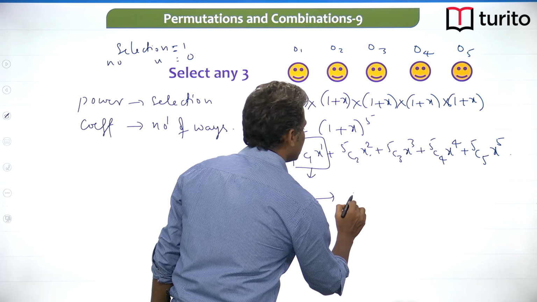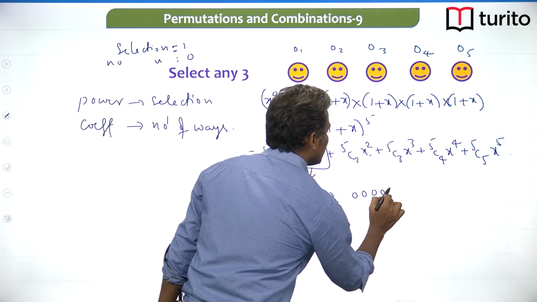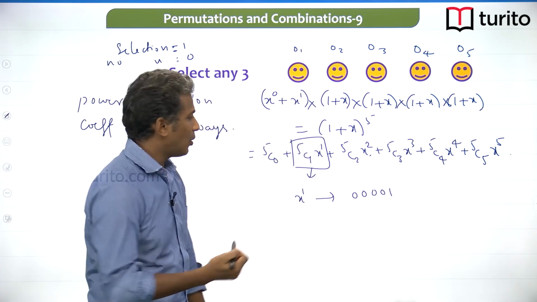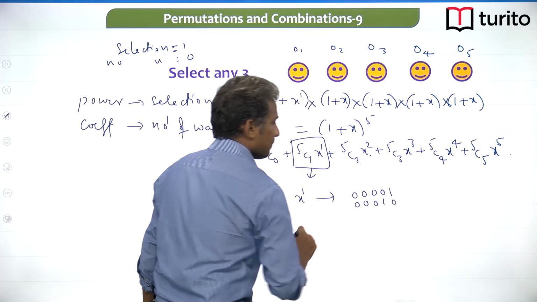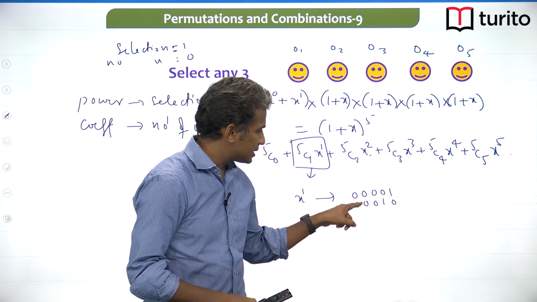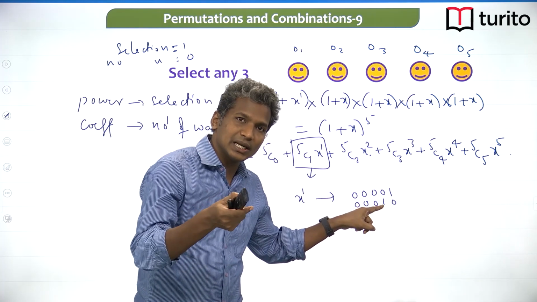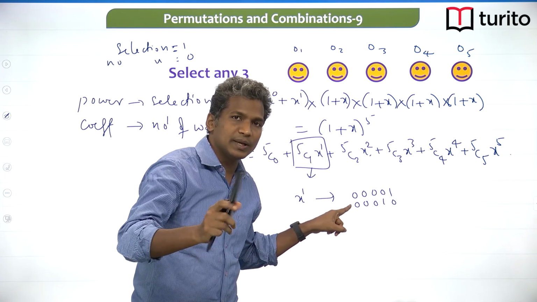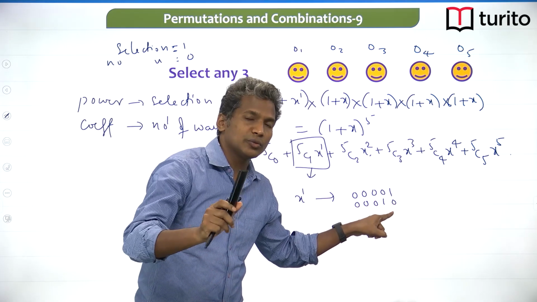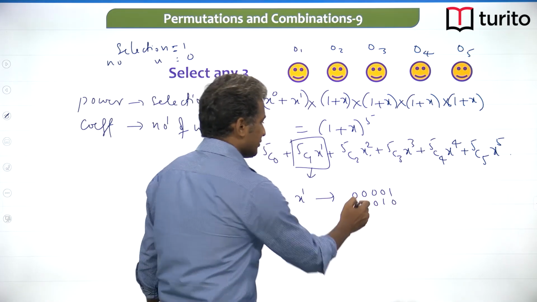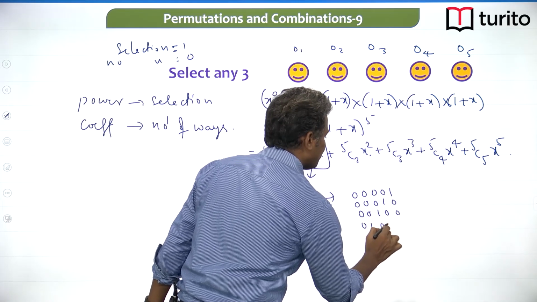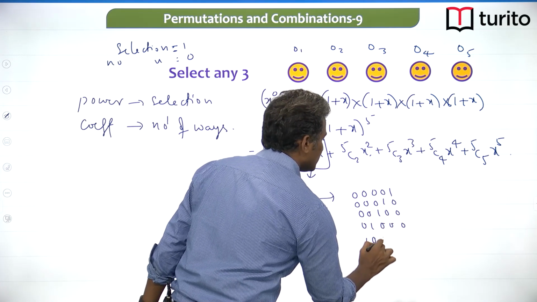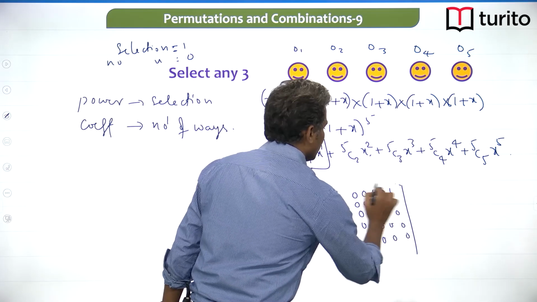So we can get 0 0 0 1 0, which represents that the fourth object is being selected, the first 3 are not being selected, and the fifth is also not being selected. This way I can write all possibilities. These are all my possibilities.